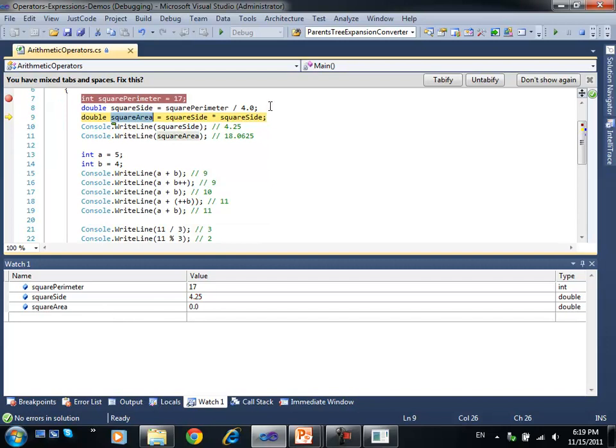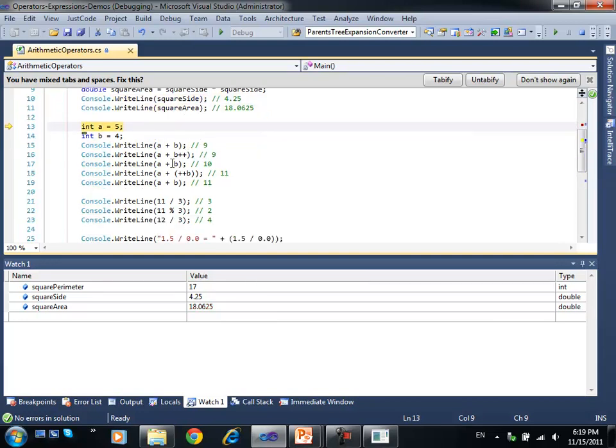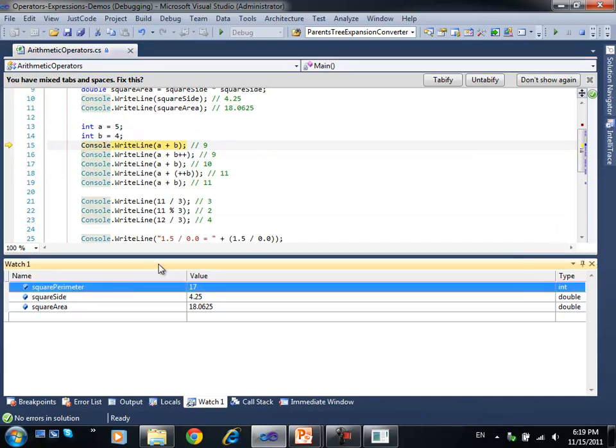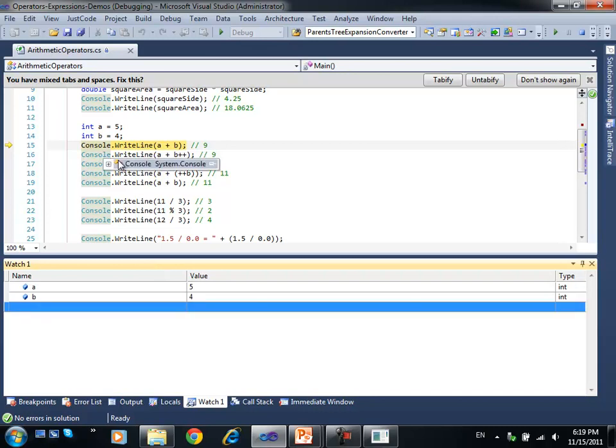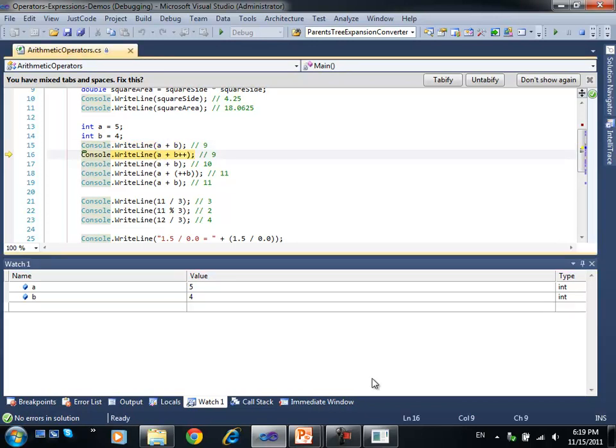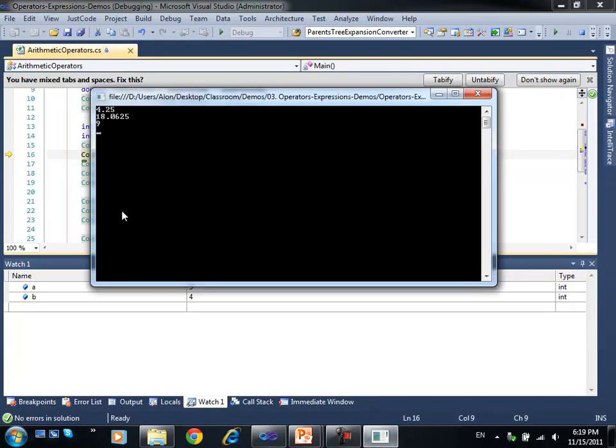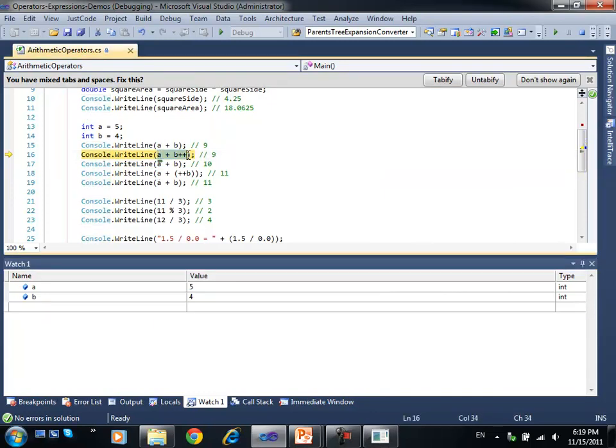Once we take this result and multiply it by itself, we get again a floating point number of 18.60625. Here we have a printout of those two. Here we have two additional variables. Both of them are integers, 4 and 5. We can see the results of adding them, which we get 9. Now this is an interesting line.